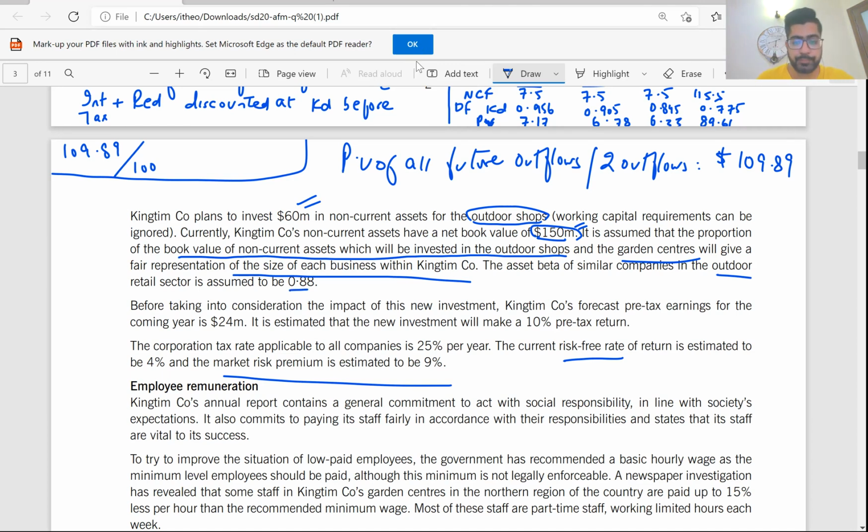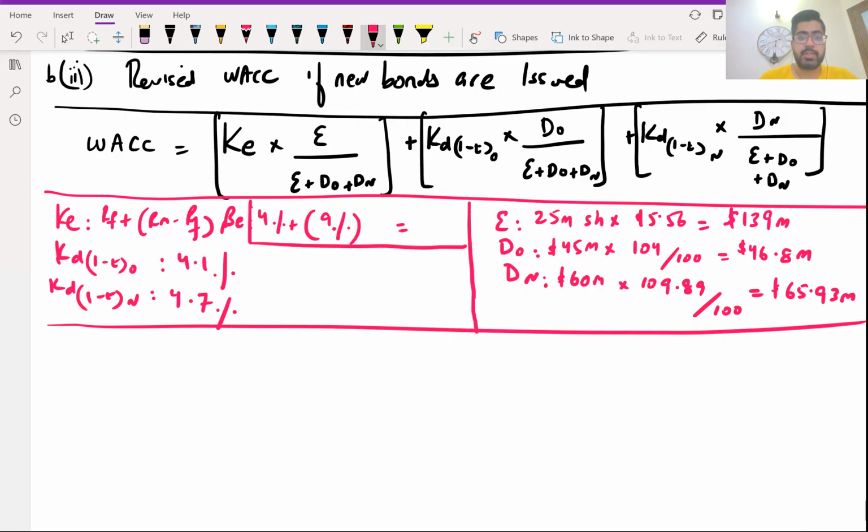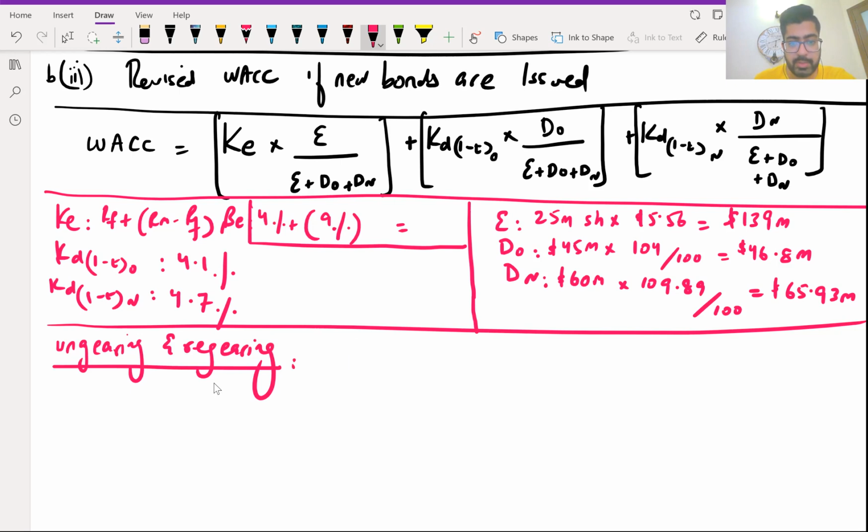So what will happen now? Obviously, when you are launching outdoor, the beta equity will change. And for this, you have to perform a step called ungearing and regearing, in which you use the equation of beta asset, which is beta equity into equity proportion of the company plus beta debt into debt proportion of the company.